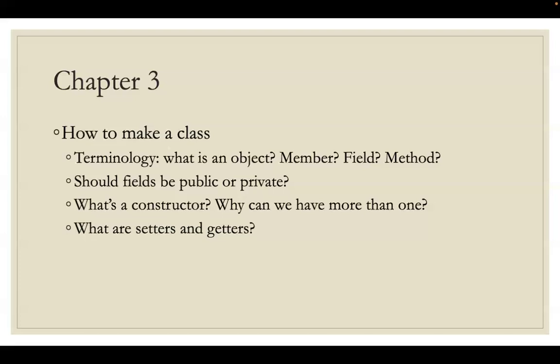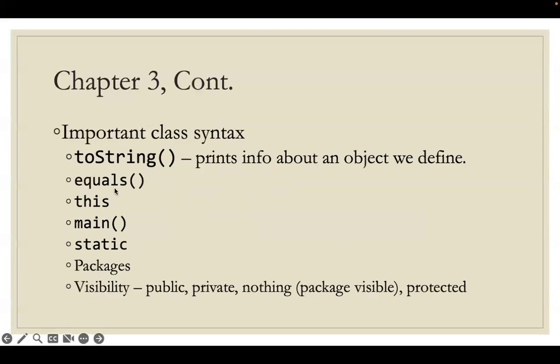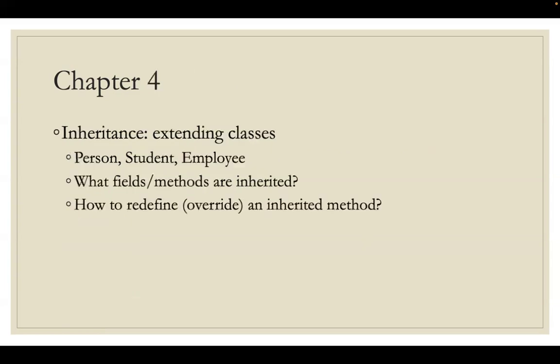Why can we have more than one? Why would we need more than one? We talked about setters and getters. We learned about toString. We learned about equals, all of these special words that classes can use. We learned about packages and visibility. Like there's public, there's private, there's package visible, which is just blank, and we can have protected as well.